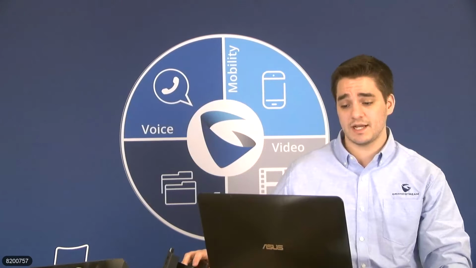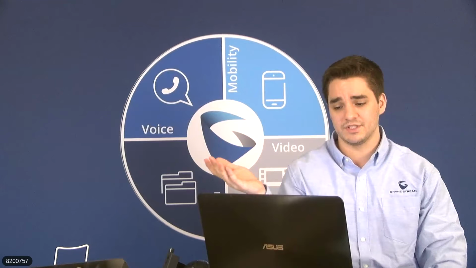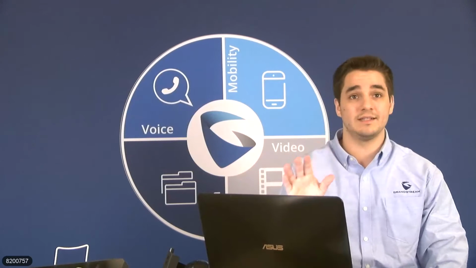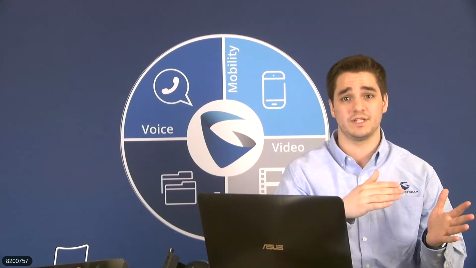Javier just asked, can you give an example of how to use the GVC3210 without IPVideoTalk and still get the major benefits of it? Hands down, use it for point-to-point conferencing.